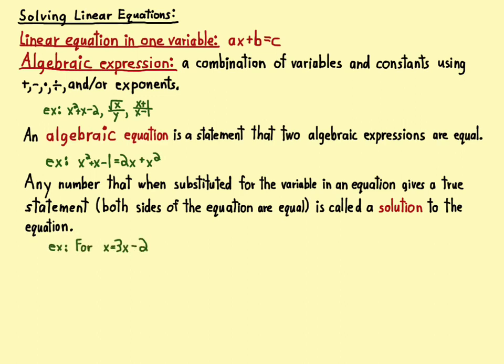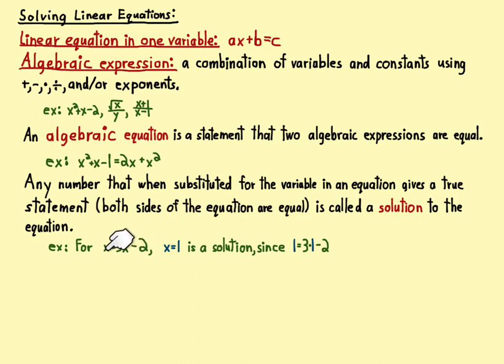For example, for the equation x equals 3x minus 2, x equals 1 is a solution since, I'm putting 1 in for all the x's in the equation. So here I put a 1 here, and I put a 1 here, and I see if I get a true statement.